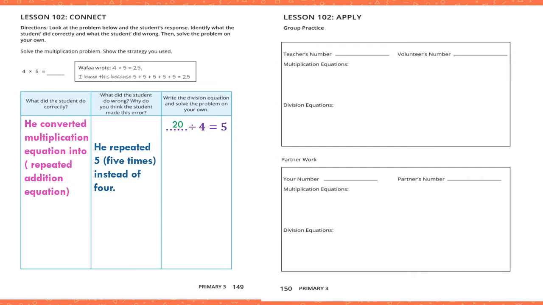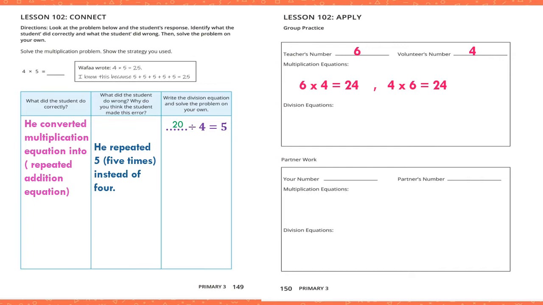Now let's move to the applying part. It's like a game to practice multiplication and division equations. I have two numbers. To know the multiplication equations, it will be factor, factor, product. So 6 times 4 equals 24, and reverse the two factors to be 4 times 6 equals 24.